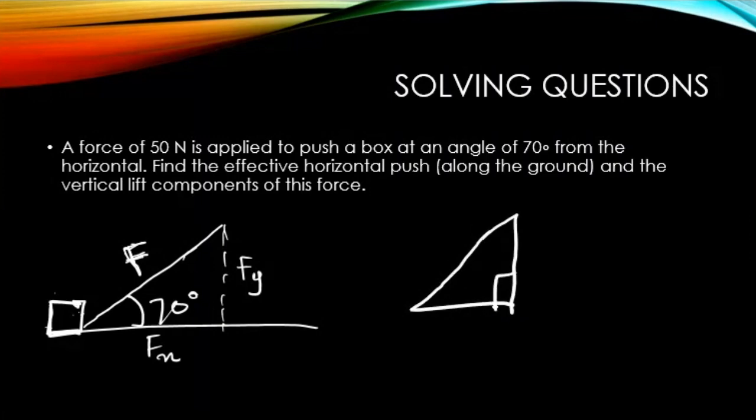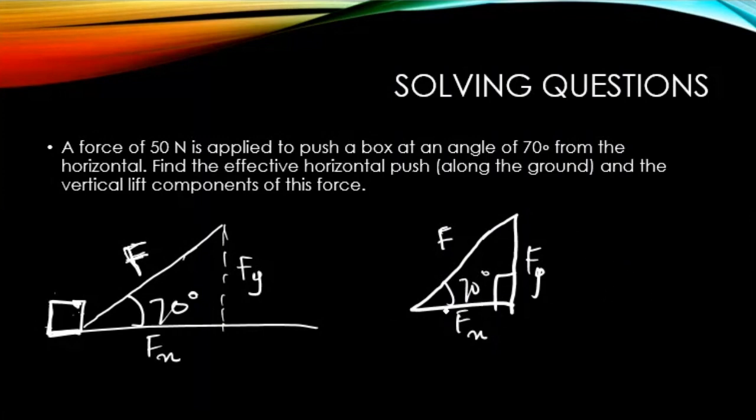Right angle triangle. Here is Fy, here is Fx, and here is F, and it's at 70 degrees. So what will we do again? We'll still use SOHCAHTOA to find this.